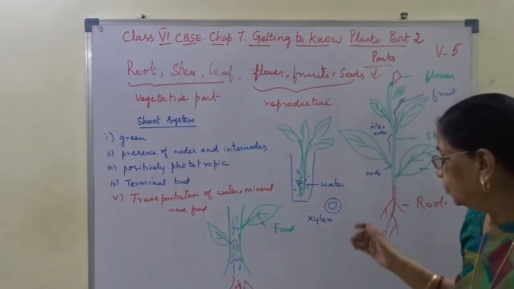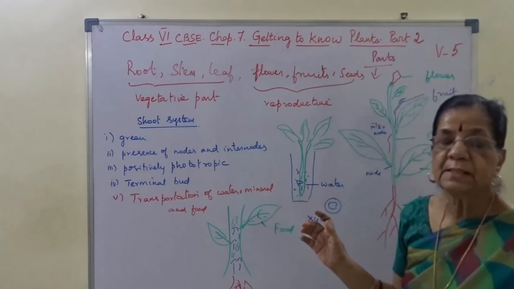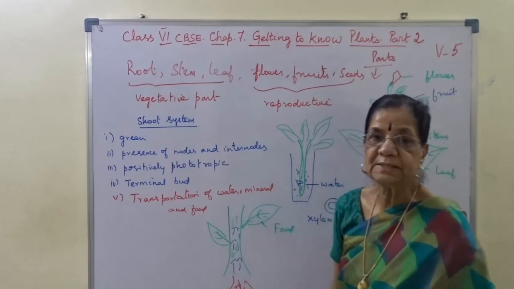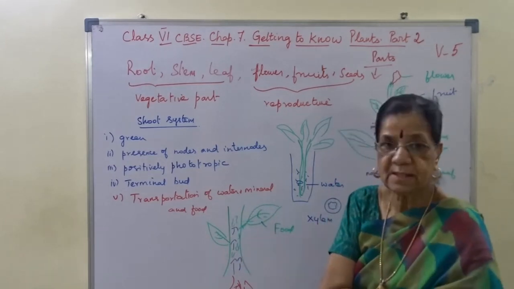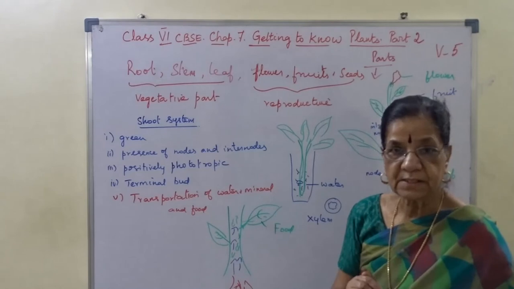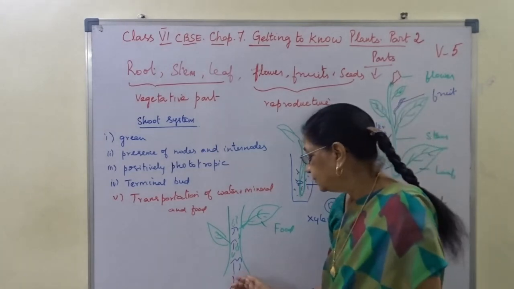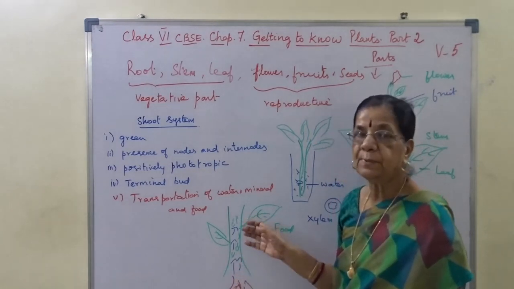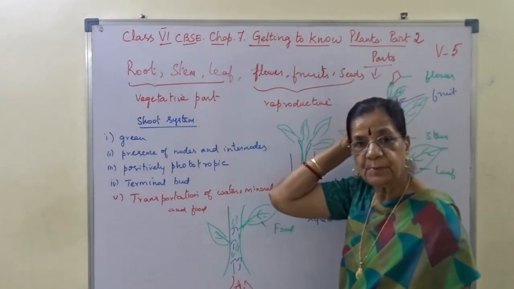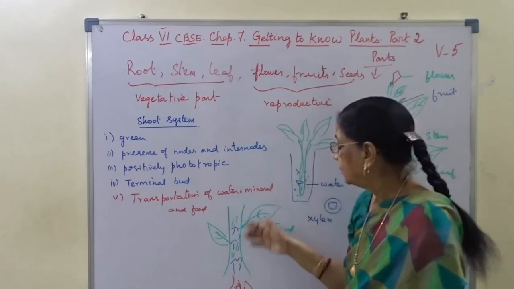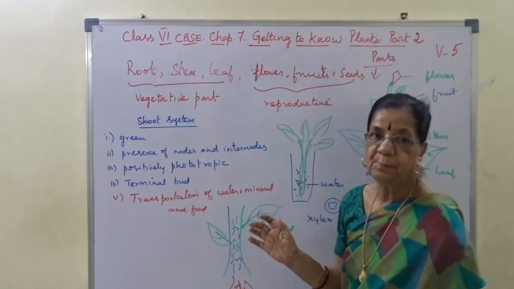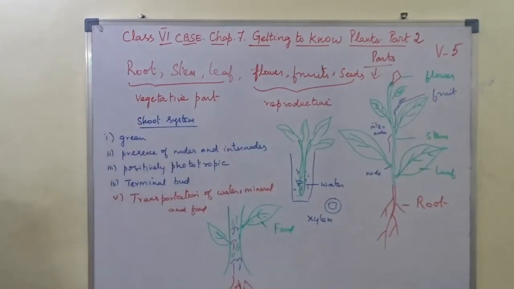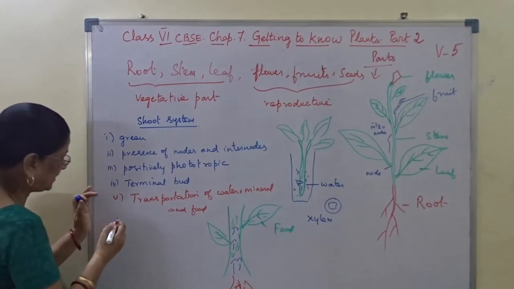I repeat, food prepared by the green leaf is distributed to various parts of the body through the stem wherever it is required. So we say from the soil root system, water is moving up, and from the leaf, the food prepared is transported to up and down portions of the parts of the plant. So we say the stem shows two-way traffic.